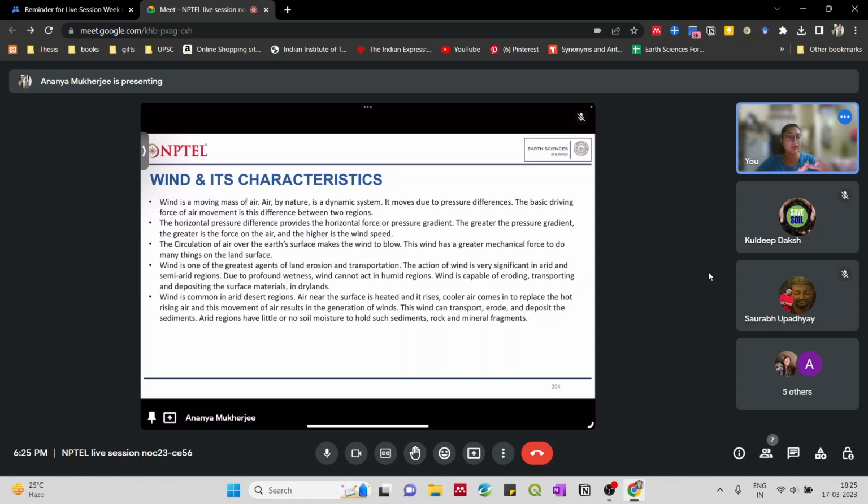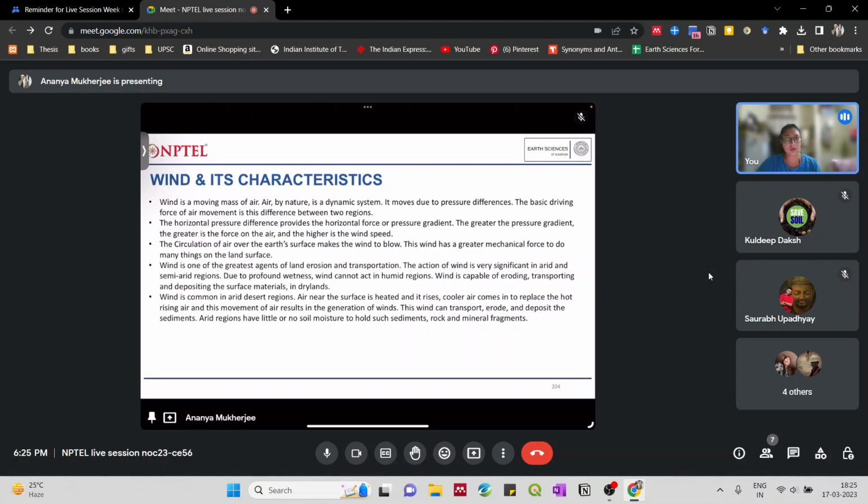Later, where there is a drop in the pressure or a drop in the elevation, the transported sediments drop down and get deposited in areas. So arid regions are the best examples of places where wind erosion is the predominant kind of geomorphic process.